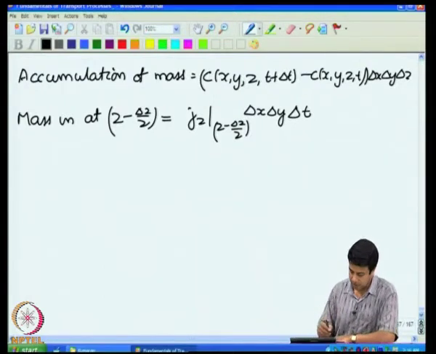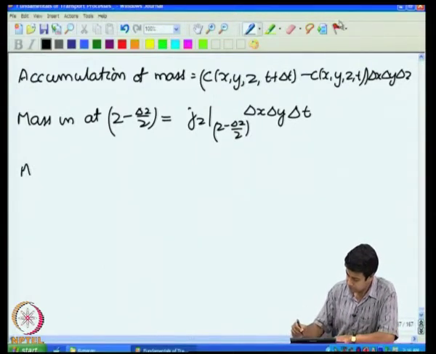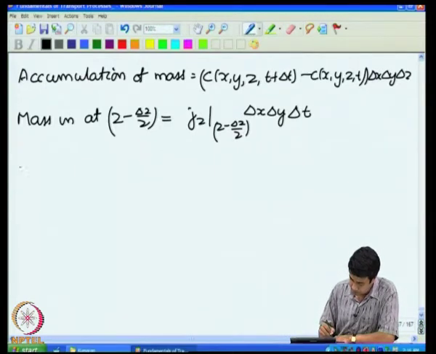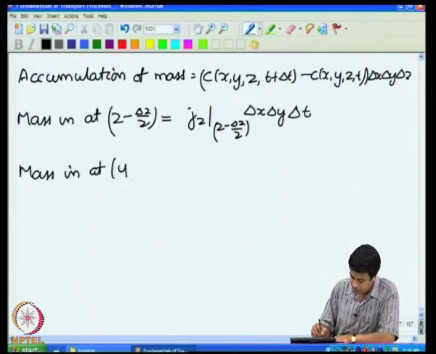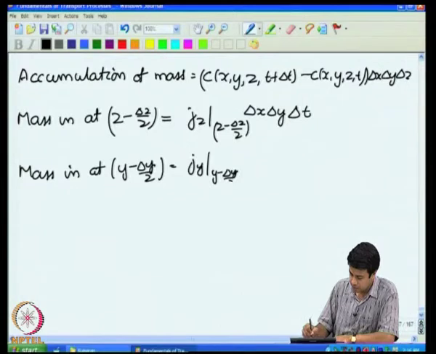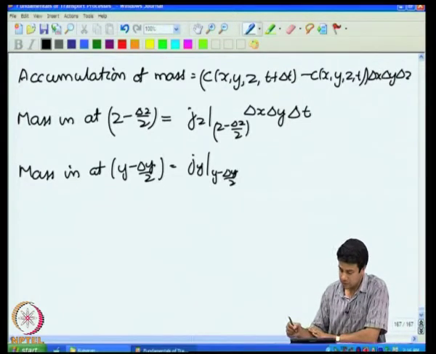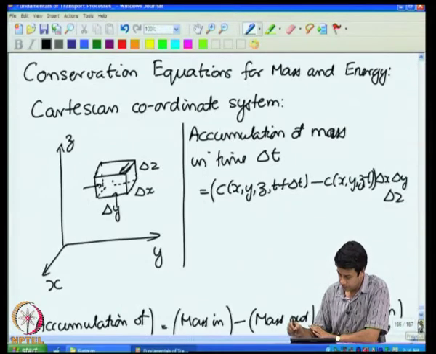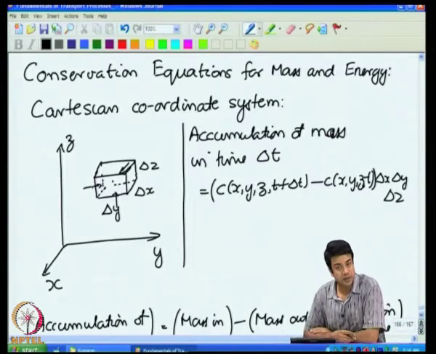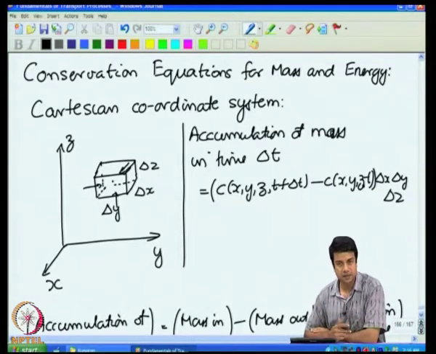Similarly, there is a mass in at y minus delta y by 2 equal to J y at y minus delta y by 2. The left side surface at y minus delta y by 2 has area delta x times delta z.